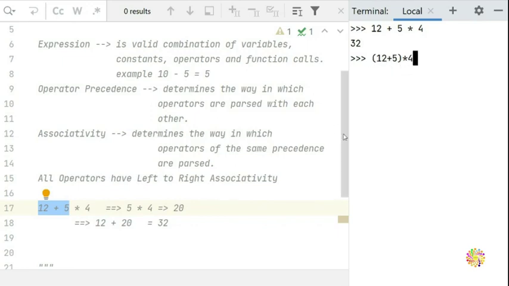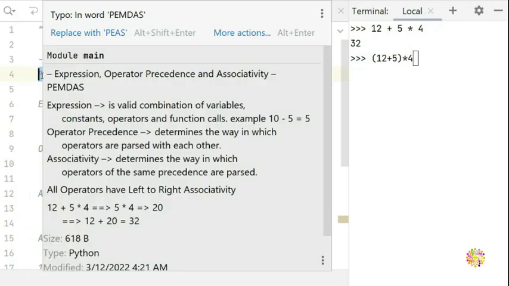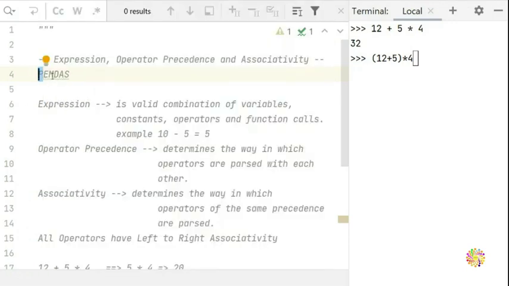If you remember, we said PEMDAS: the parentheses have priority over everything. So in operator precedence in Python, and in any other language, the parentheses have priority over everything. No matter what you do here, the computer is going to look at the parentheses first. If it can't find parentheses, then it goes according to these letters: parentheses, then exponents, multiplication, division, addition, and subtraction.